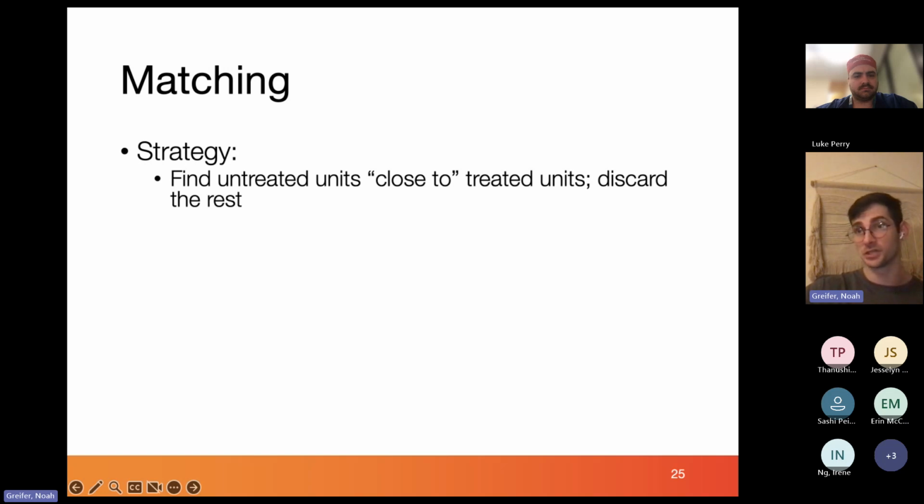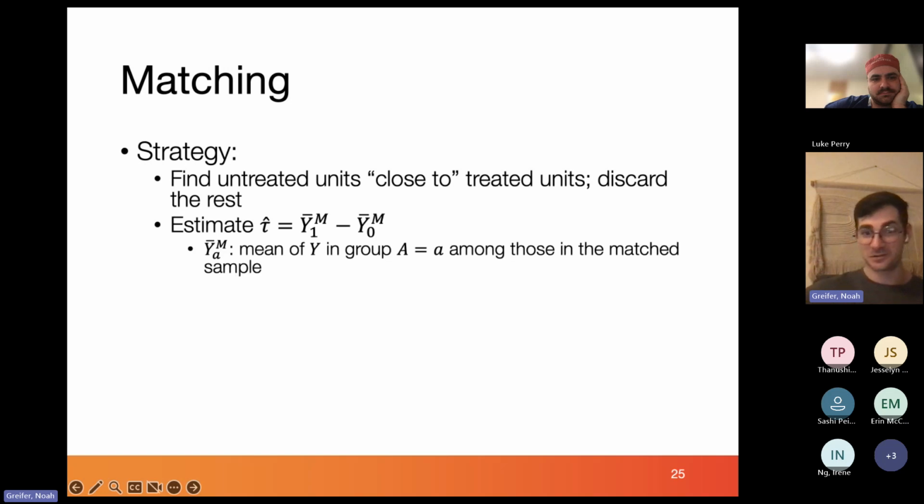And so what we're left with is just a sample of treated units and control units that are very similar to each other. And we can estimate our treatment effect tau as the mean of the outcome in the treatment group minus the mean of the outcome in the control group among those remaining in the matched sample. So it's like we're carving a randomized trial from our observational study.